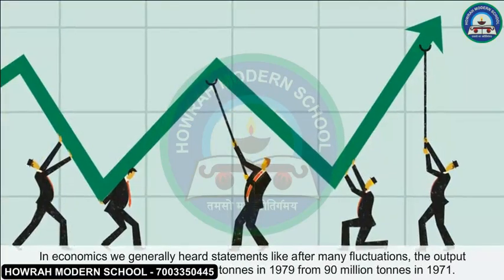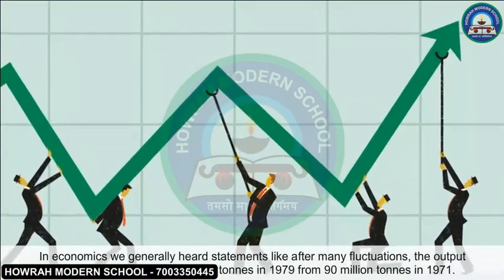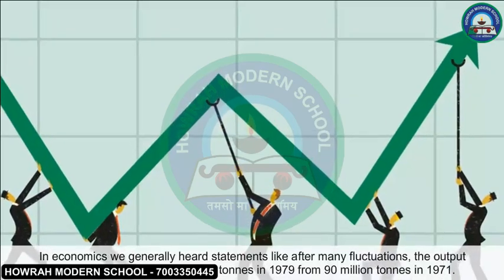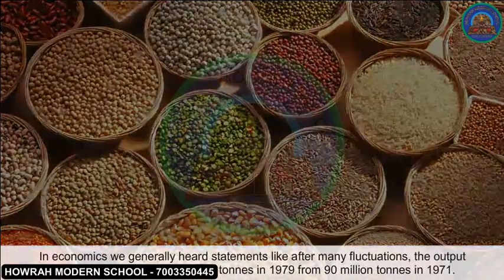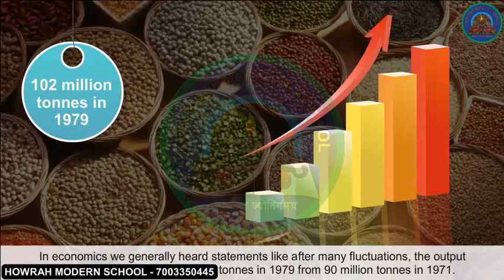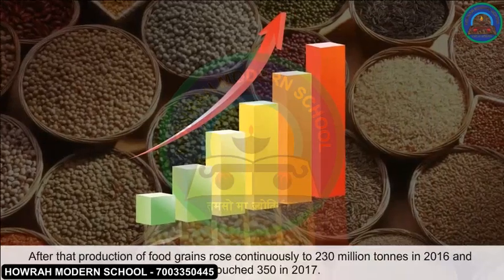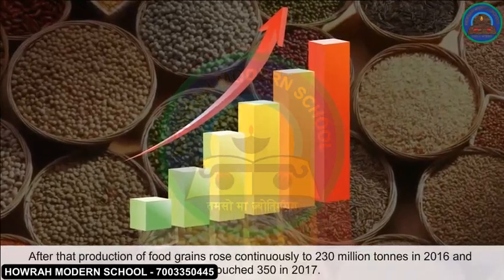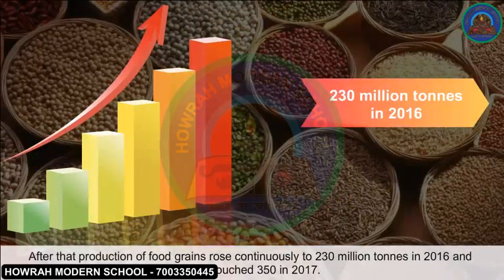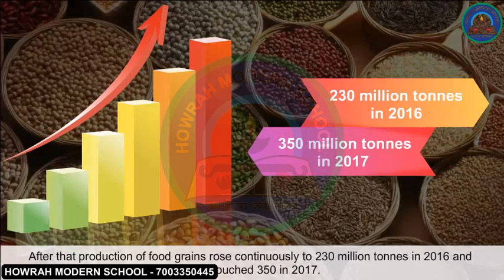In economics, we generally hear statements like: after many fluctuations, the output of food grains rose to 102 million tons in 1979 from 90 million tons in 1971. After that, production of food grains rose continuously to 230 million tons in 2016 and finally touched 350 in 2017.